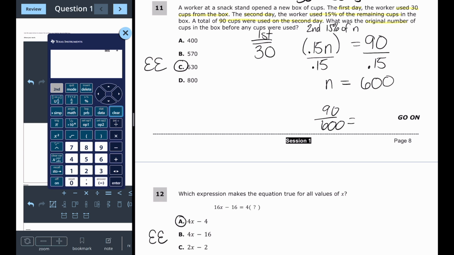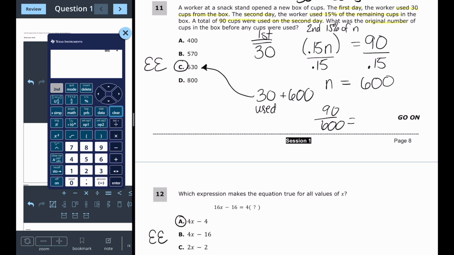Now, that's how many cups there were the second day. We want to know the original number. How much did we start off with? Well, we know on the first day he used 30, and we know the second day there were 600 cups. So if I add those two together, the 30 used plus the 600 left on the second day, that's how I'm getting 630.